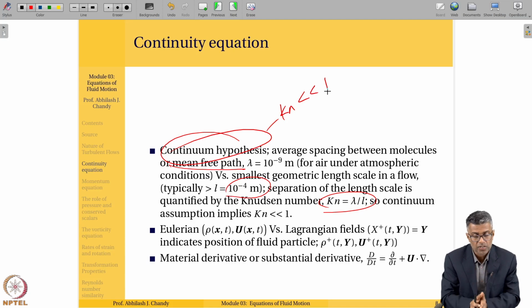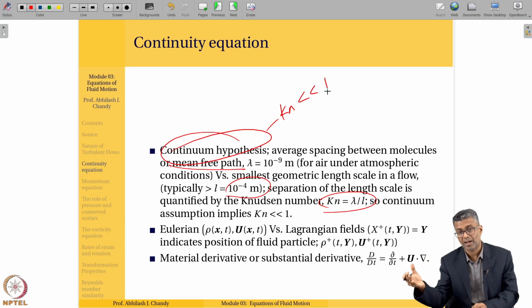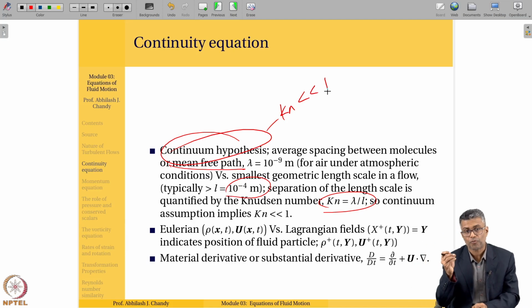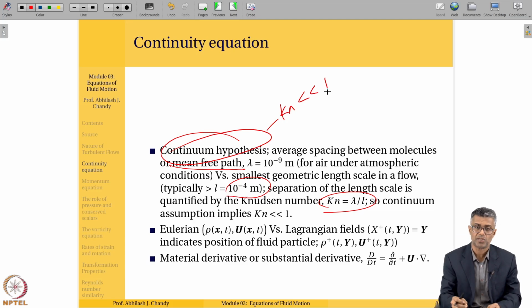So you are fixed at a point and you are looking at the velocity, temperature, density of the fluid at that point. On the other hand, a Lagrangian description would be you're following the fluid. You're following a fluid particle and you're recording the velocity, density, pressure of that particular fluid particle as it is moving along.